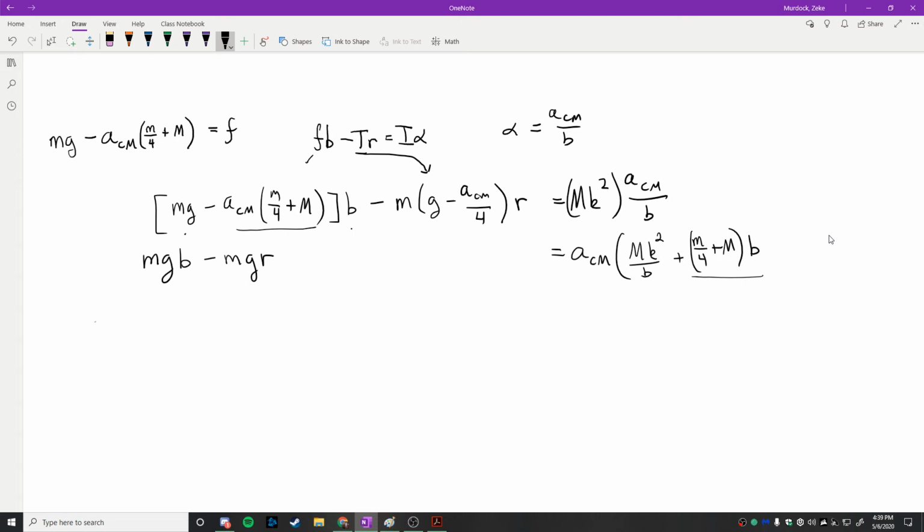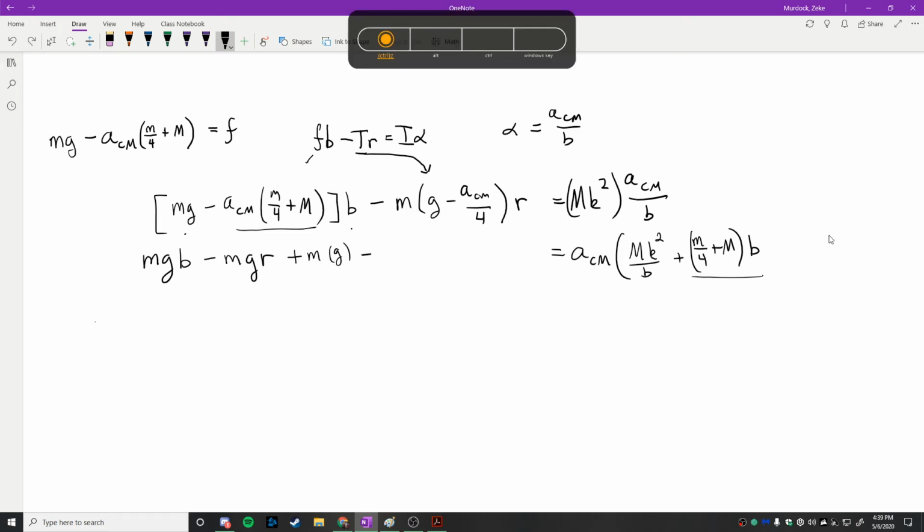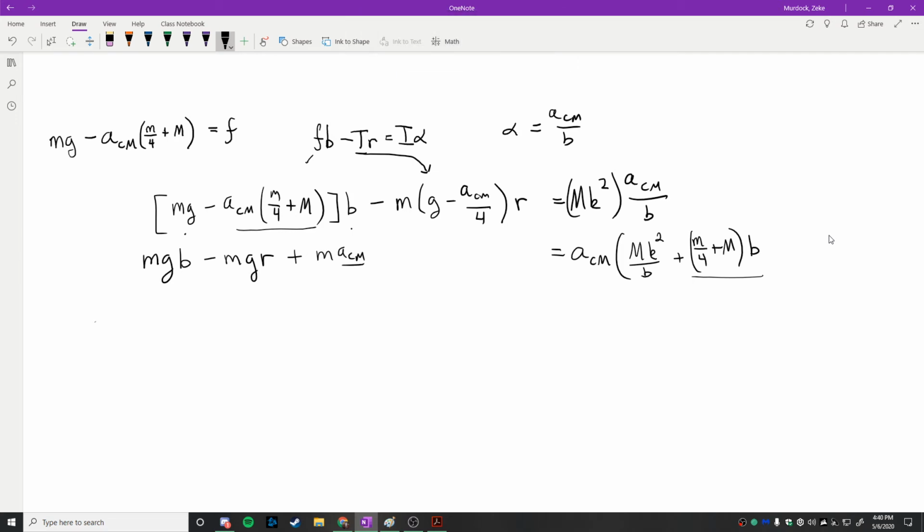So that's going to be another term like plus m times g plus m, oops. I already put that term in there, right? mgr is the first term here. There's another term that's going to be m times acm divided by 4 times little r. And then this we're going to subtract to the right, and we're going to put it inside of here. So it's going to be little m times r divided by 4.